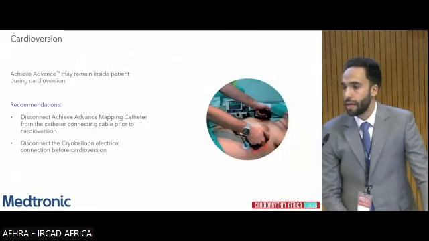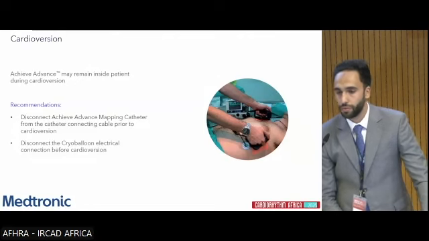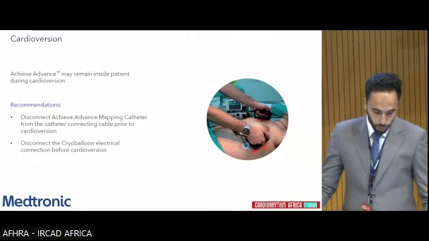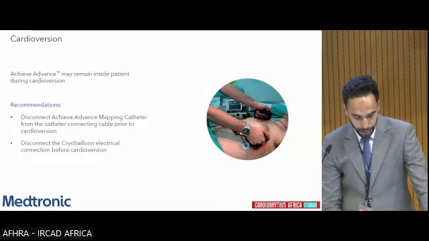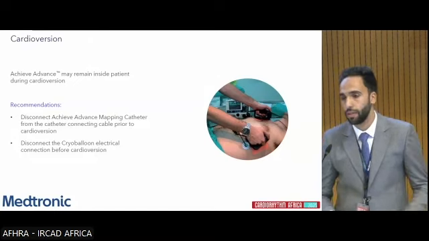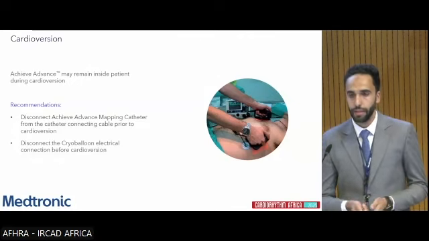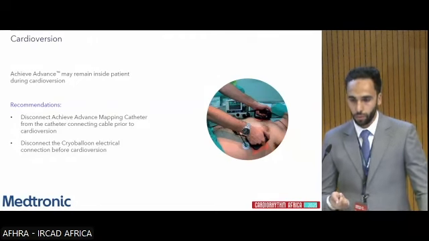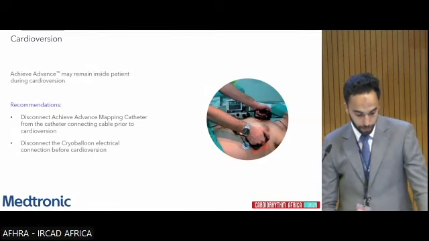Achieve Advance allows us to cardiovert the patient during the procedure without removing the Achieve from the patient, but the only recommendation is that we have to disconnect the Achieve Advance mapping catheter from the catheter connection cable before cardioversion. Only disconnect the cable, but the Achieve Advance stays inside the patient or inside the FlexCath. With the old one, you have to pull the Achieve out of the patient.